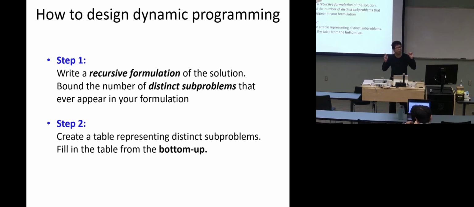And what you need to notice is that in this formulation, there are just a small number of distinct subproblems. If that happens, then dynamic programming is going to be very effective. So bound this thing. And once you see that there are a small number of subproblems, just create a table and try to fill in this table bottom up.